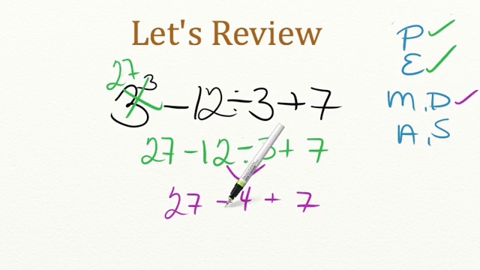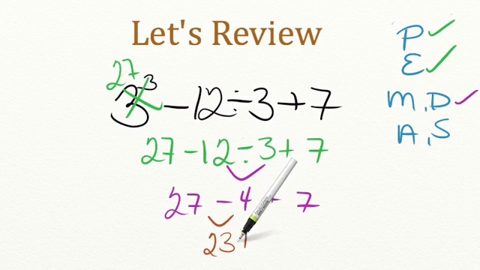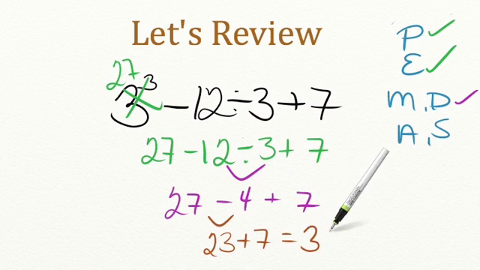Now, we have subtraction before addition here, but that's okay because we have to move from left to right. So 27 minus 4 equals 23 plus 7, and 23 plus 7 equals 30. There you go. That's the order of operations.